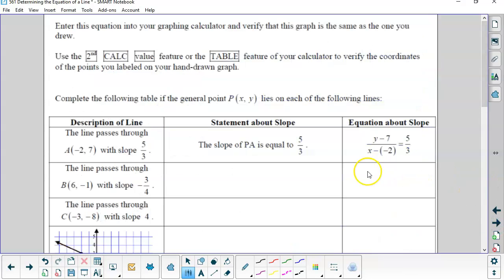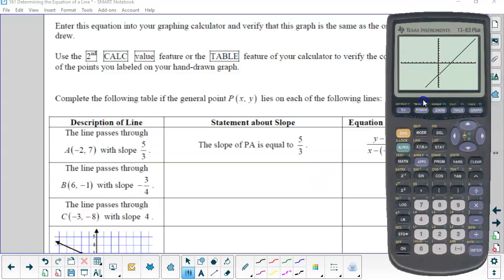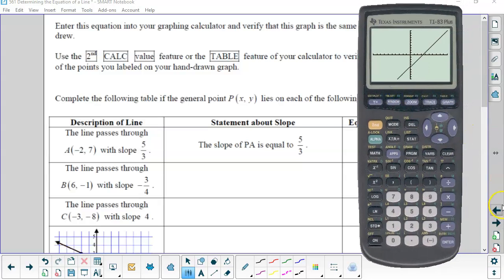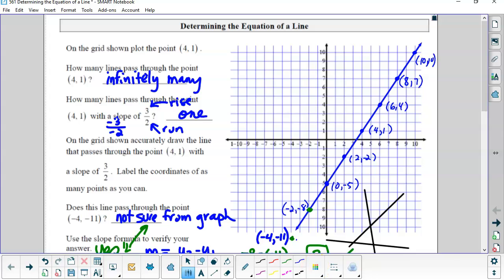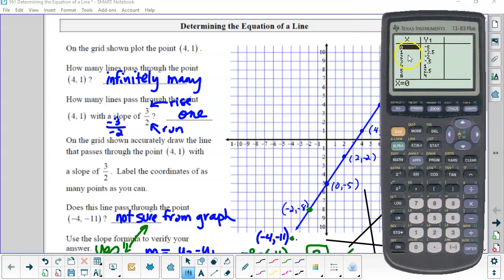Then it says use the second calc value feature or the table feature to verify the coordinates of the points you labeled on your hand-drawn graph. So we'll do it both ways. If you go to second graph, which is table, you'll see x values given. We can change those. You could go to decimal values. This is going up by ones, which is totally fine. You can see when x is 0, y is -5.